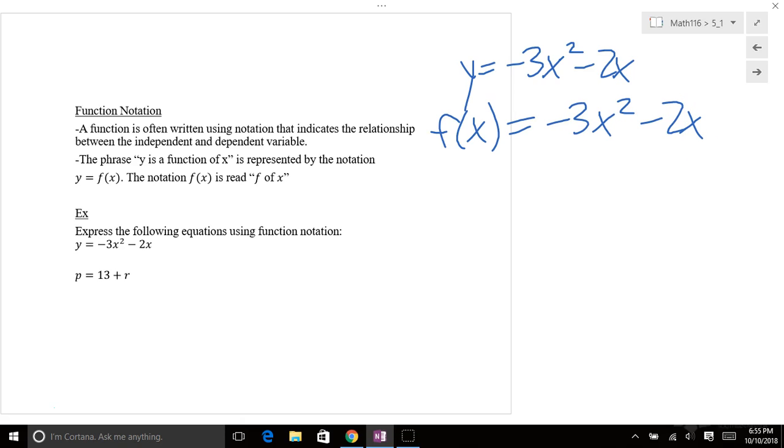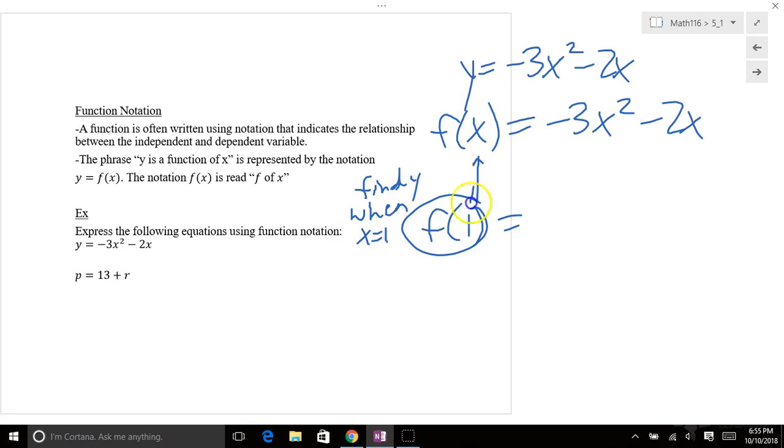is it's telling you to input something in for x. Like for instance, if we input, let's say 1, this is saying find the functional value, find y, because f of x is y, when your x is 1. See how your x is 1?